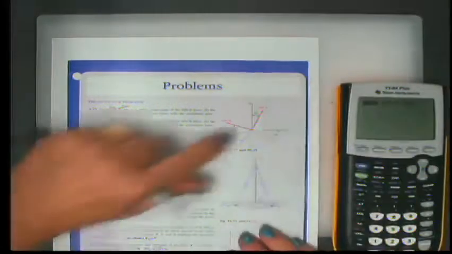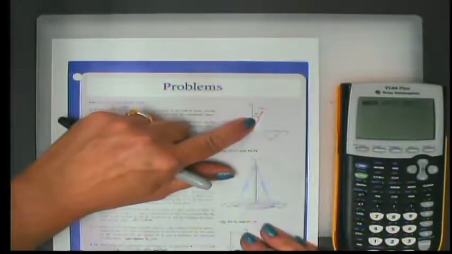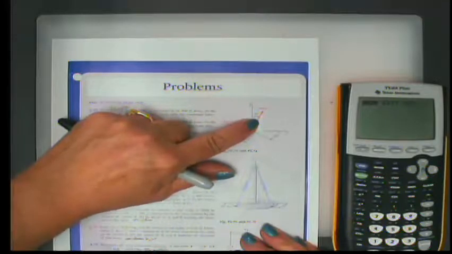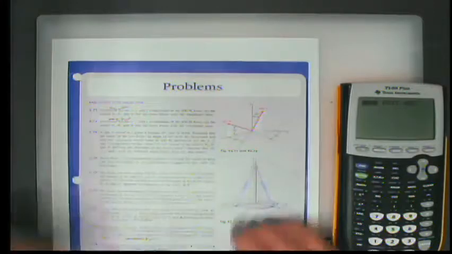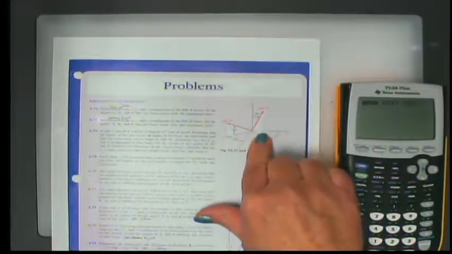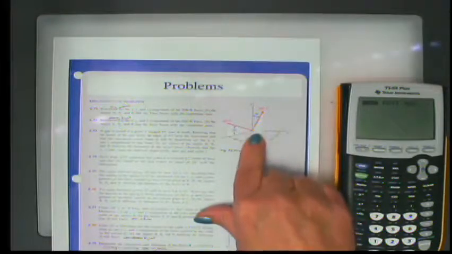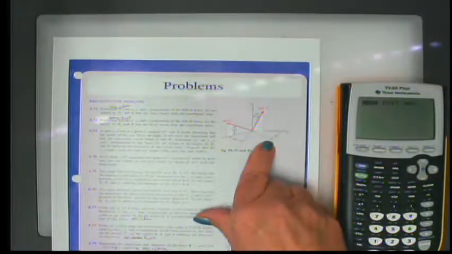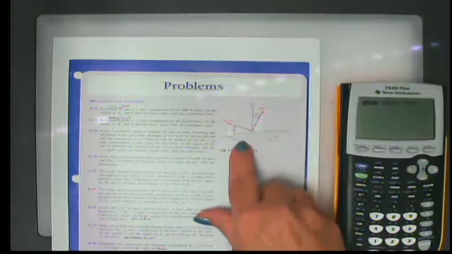So what we can see here is that this 600 Newton force makes a 25-degree angle with the y-axis. It then makes the 90 minus 25 or 65-degree angle with the horizontal, the xz plane.